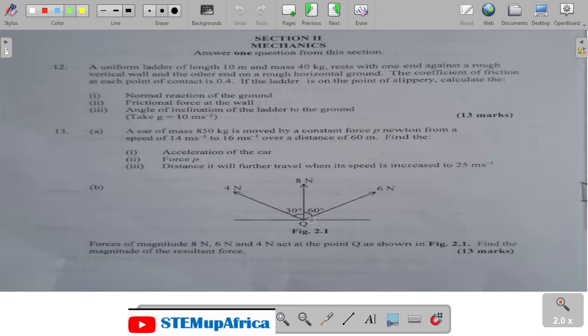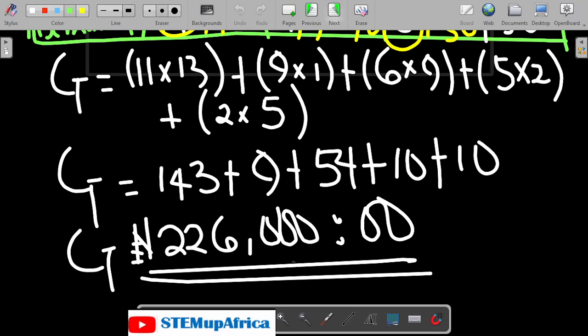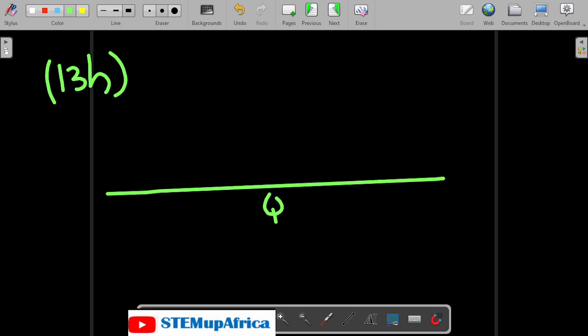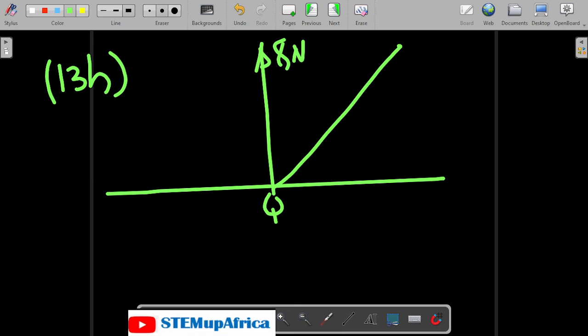Let's look at 13B. This is resolution of forces, resultant force, with forces at this point Q. Find the resultant force. So let me resketch the figure where you have 4, 8, and 6. Have a force system like this. Here is Q. Here is 8 Newton. Here is 6 Newton.